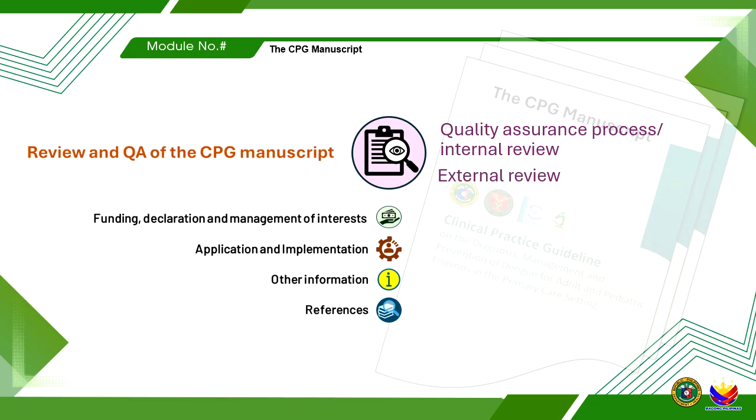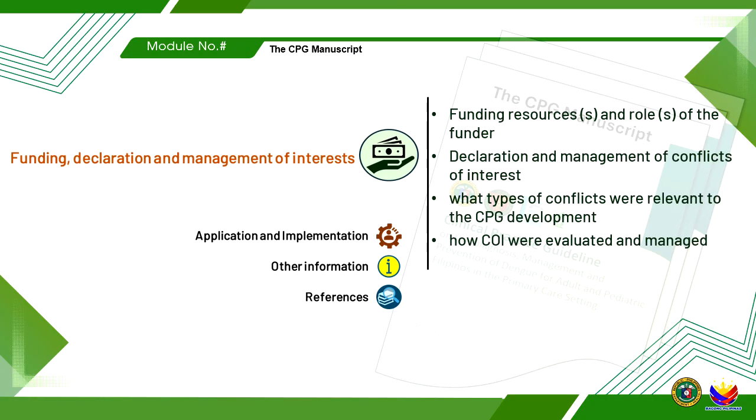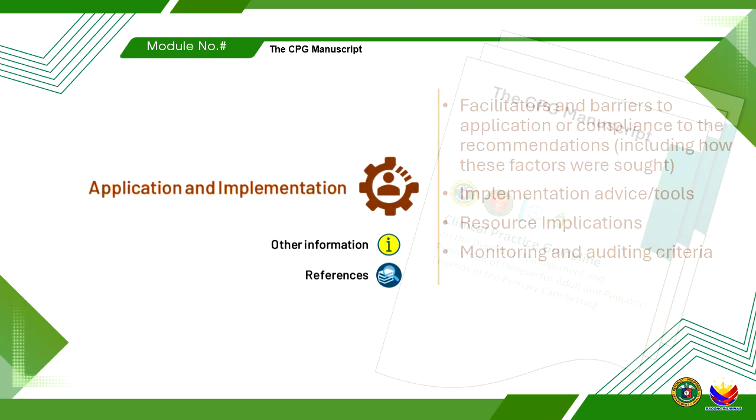Quality assurance process, internal and external review, are described in the review and QA of the CPG manuscript. Funding resources and role of the funder, declaration, and management of conflicts of interest, what types of conflicts are relevant to the CPG development, how COI were evaluated and managed, are all described in the funding, declaration, and management of interest section.